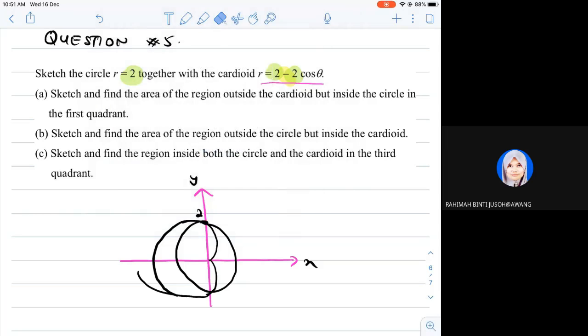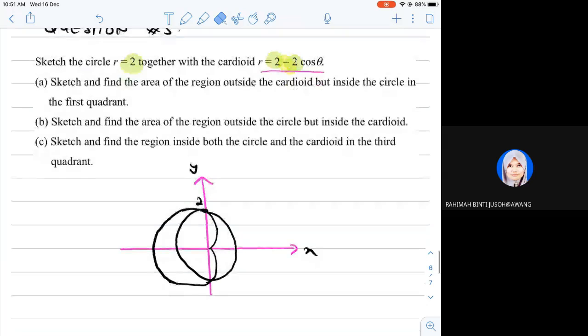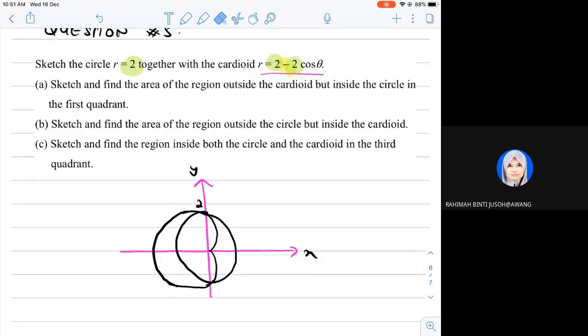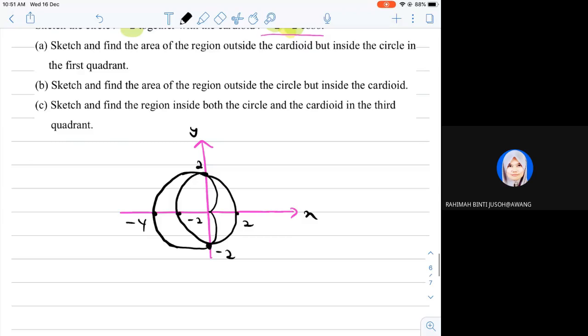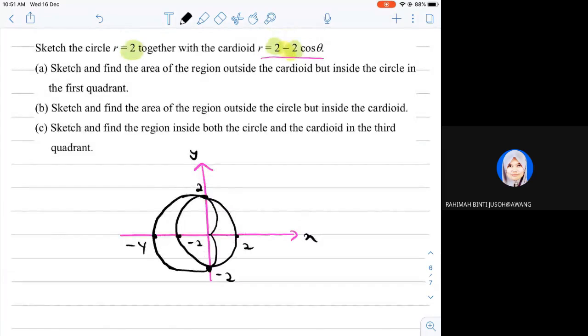Like that. Okay. Guys, since the values of the radius are the same, it must intersect exactly on the axis, negative 2 here also. Right here is negative 4, right here is negative 2, and here is 2, of course. Okay. So now we will have 3 different regions for A, B, and C.